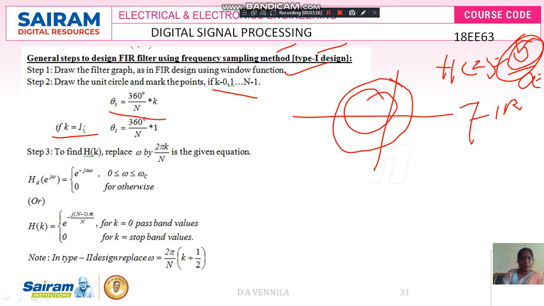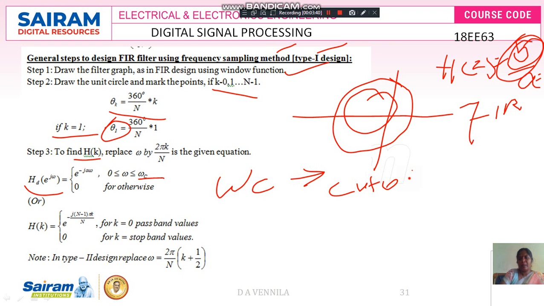If k is equal to 1, then theta 1 will be equal to 360 divided by N. Next, you need to find the H of k value, where omega is replaced by 2 pi k divided by N. So this is the desired frequency response. From that we know this is your omega c. What is omega c? Omega c is your digital cutoff frequency.